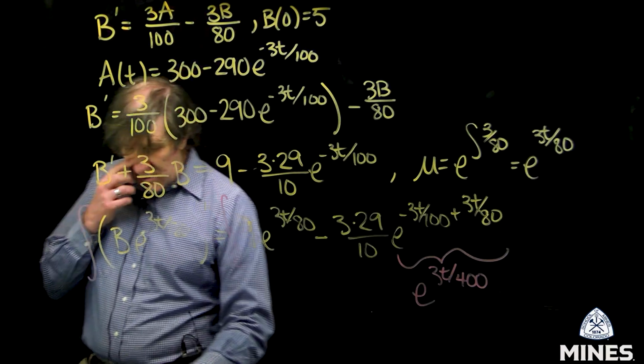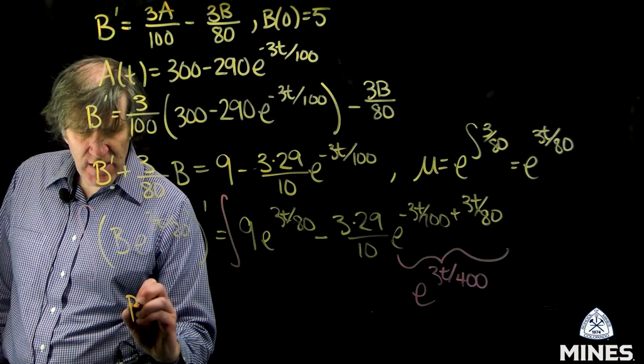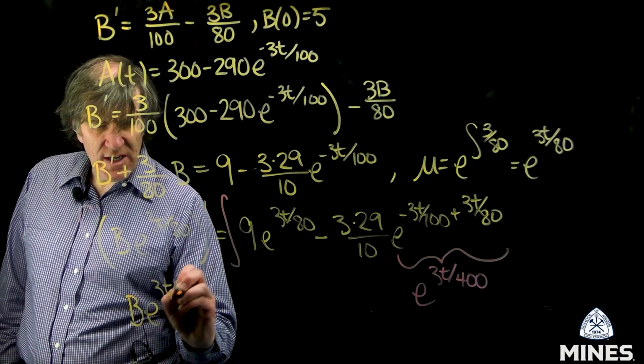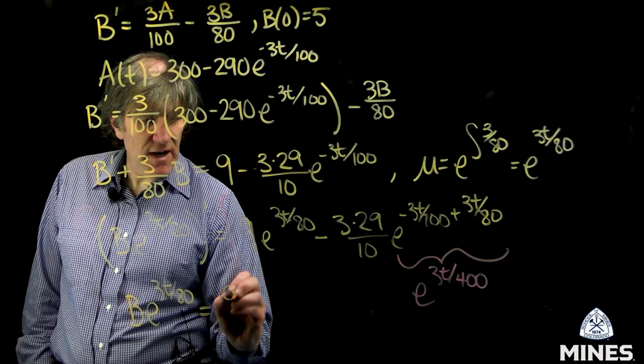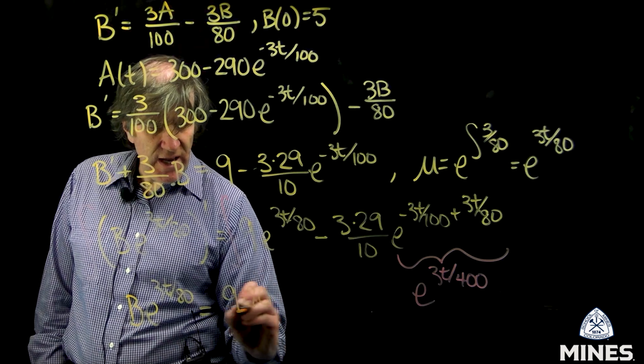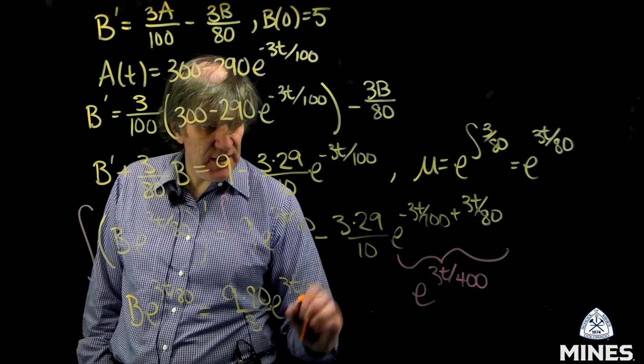Right, so we integrate both sides. This is the method of integrating factors, and we have b e to the 3t over 80. The integral here is 9 times 80 over 3, e to the 3t over 80.